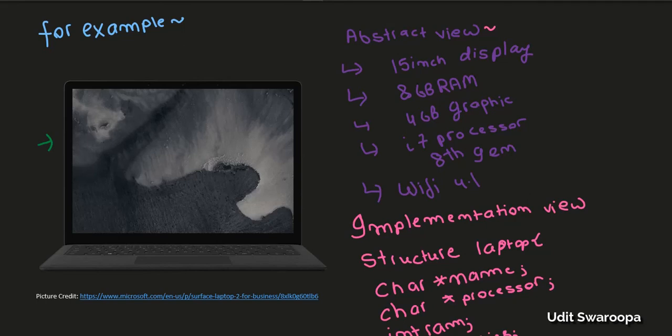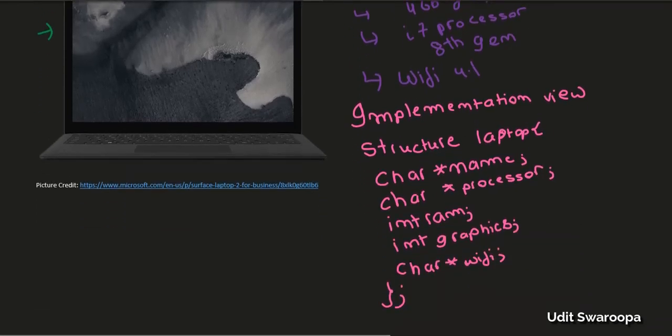This is what I want in my device. The device is not ready, I'm just imagining it. Now in the implementation view, I'm actually creating my imagination, my logical, mathematical or abstract view. I'm implementing it using structure.